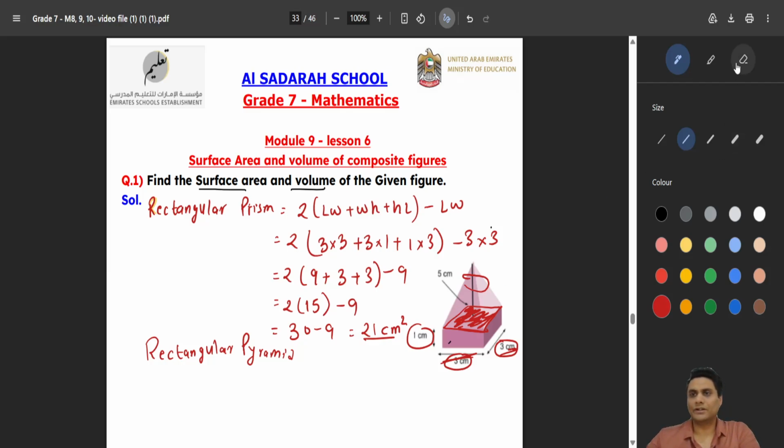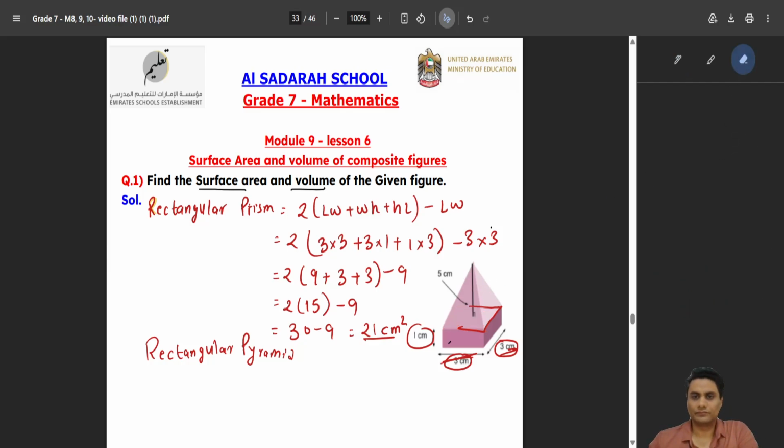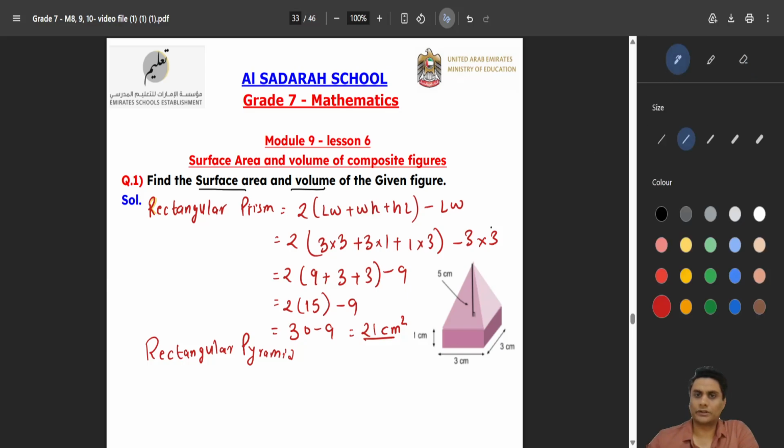So how will you find the area of these triangles? Actually, this is not a rectangular pyramid, my mistake. This is a square pyramid. How do I know? Because see, the length and the width are same, correct? So can I say that all these four sides here will be 3, 3, 3, 3, correct?